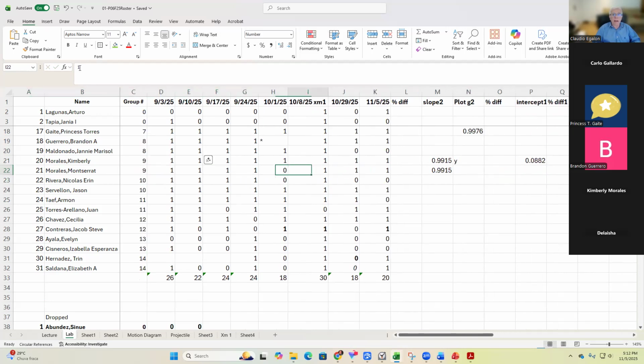Yeah, group number 9. 0.0882. Okay, good. It's a very small percentage difference, should be around 3 or 4% difference. Okay, thank you, Montserrat, and keep on doing the other stuff.